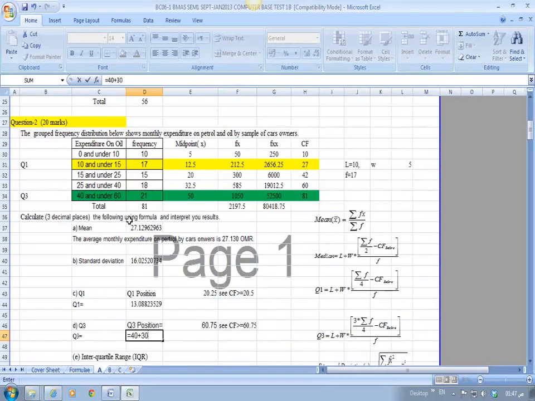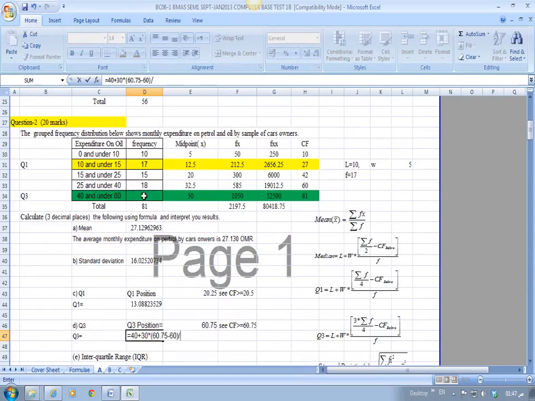multiply, then bracket, 3 divided by 4 multiplied by sigma F, already calculated, 60.75, minus CF before our location, which is before our location here in the green one, up here is 60, so 60, close the bracket, divide by F, the frequency of this location.